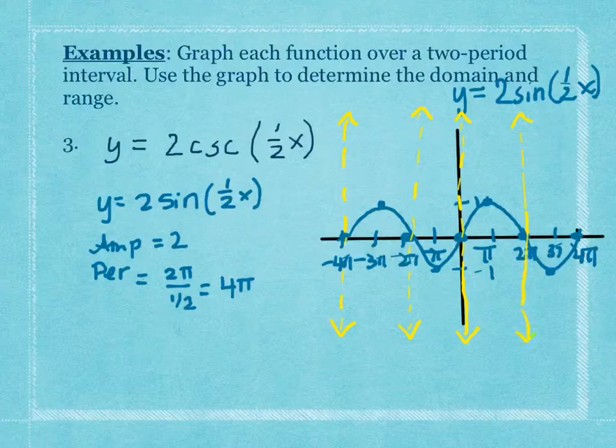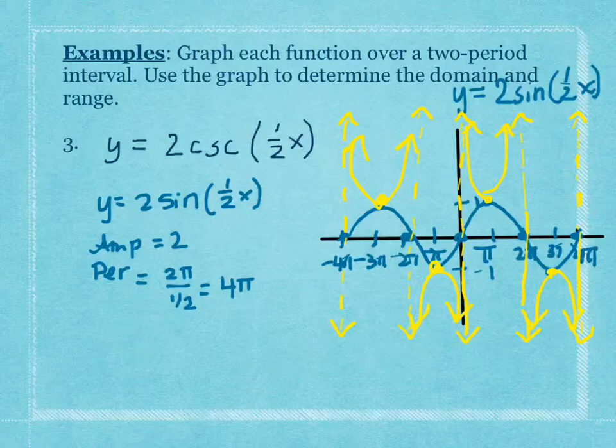And mine are not looking all that lovely and straight today, so forgive me for that, but imagine that they were. And then we take our peaks, they become valleys for our U-shaped branches, and our valleys become peaks. And then my graph in yellow, and lacking space above, I'll write below, my graph in yellow is y equals 2 cosecant 1/2 x.